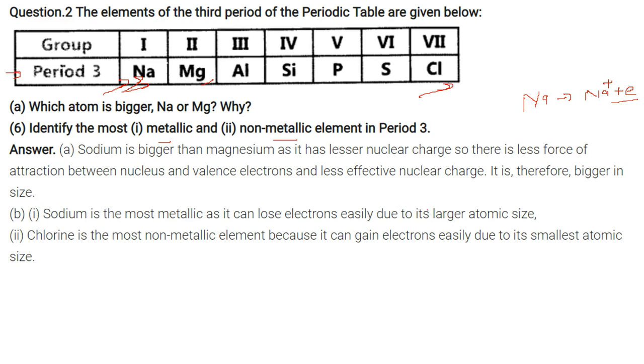I'm not saying it's very less, but as compared to others. Chlorine is the most non-metallic element because it is gaining an electron. Cl will take one electron and form Cl minus. This is because it has the smallest atomic size.